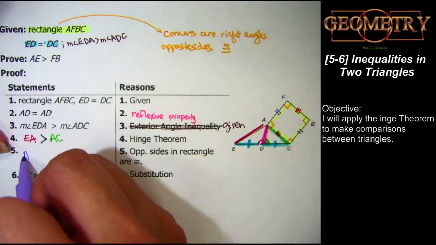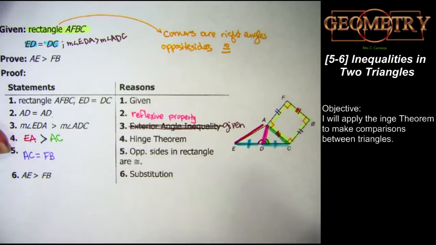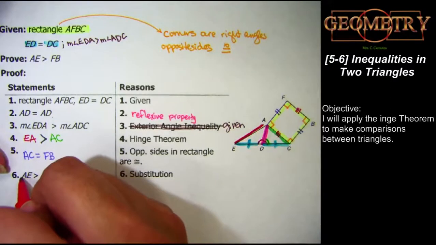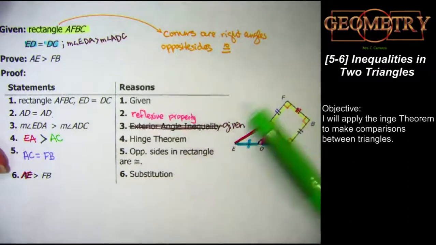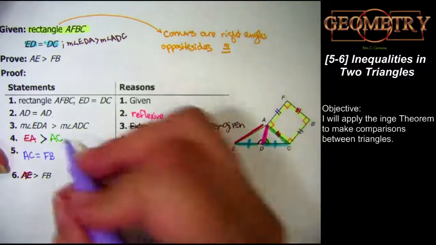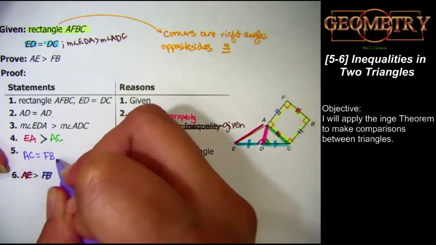So we're going to write AC is equal to FB. Opposite sides of the rectangle are congruent. And then by substitution, we're going to replace, here's AE, here's the red. We're going to replace the AC in this statement with the FB from statement number 5.